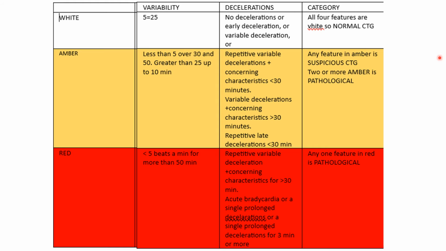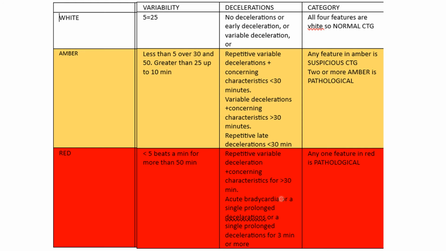However, if the decelerations are repetitive and variable with any concerning characteristics for less than 30 minutes, or if they are variable and more than 30 minutes, or if they are repetitive late decelerations for less than 30 minutes, then this is considered to be an amber alert.